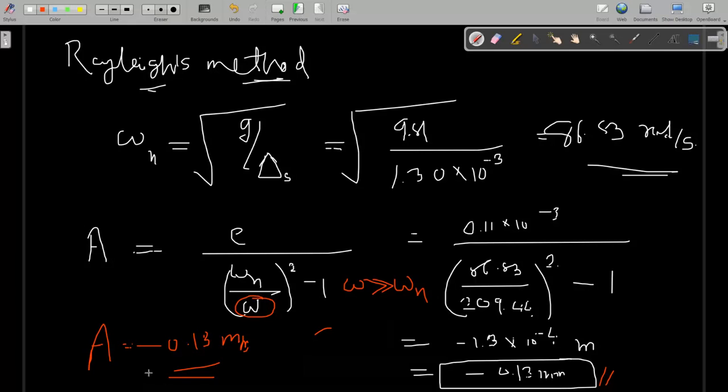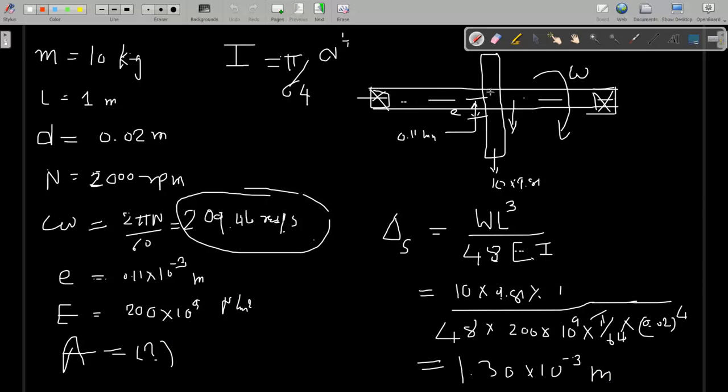So that's why the negative amplitude indicates that the deflection of bending will be in the opposite direction. Here the eccentricity is 0.11 mm below the center axis. So generally in our mind, the deflection will look like this.